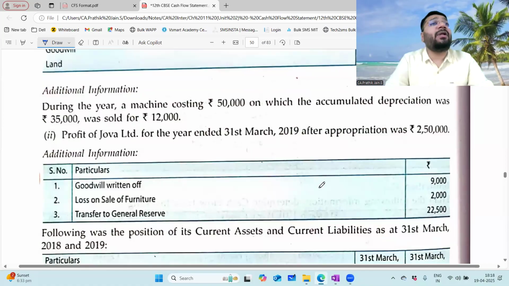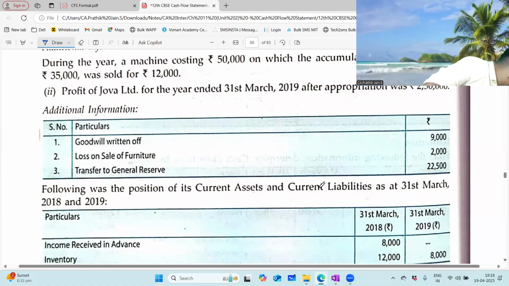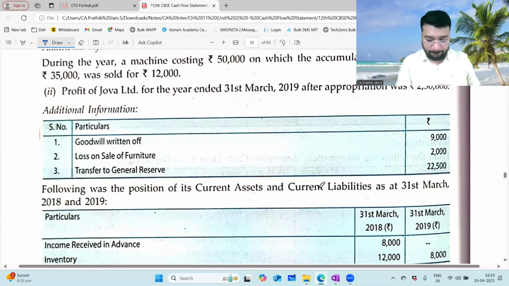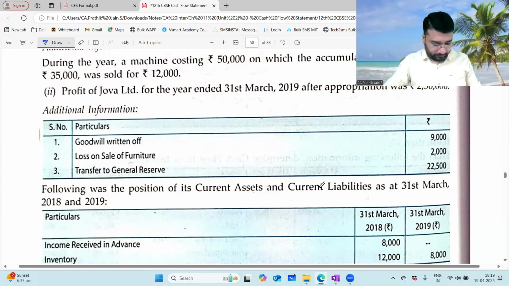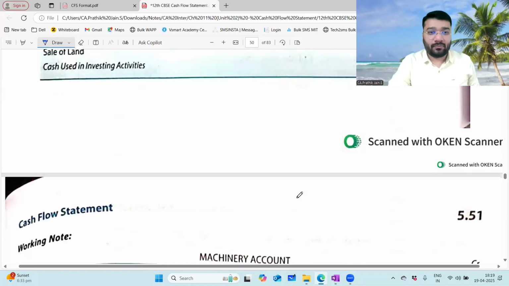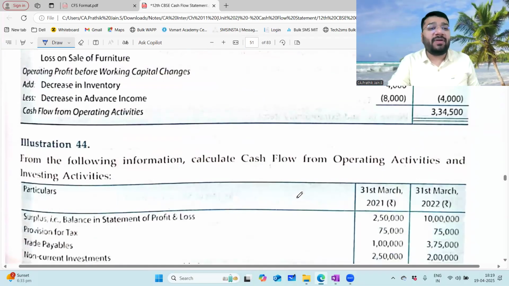All the other questions pertaining to investing activity, I want you to take as homework. Do you want me to do any question based on the financing activity individually, or if I combine with the main question, is that sufficient?